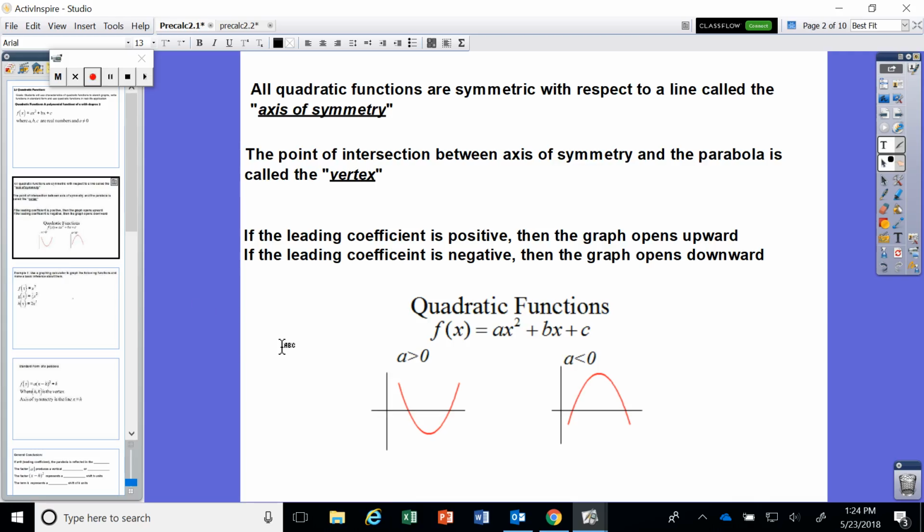Now the leading coefficient tells us, remember, if it opens upwards or downwards. If the leading coefficient is positive, that means we're going to have a concave up structure. If it is facing down, that means it's concave down, and it is a negative leading coefficient, or a is negative in our quadratic function itself.